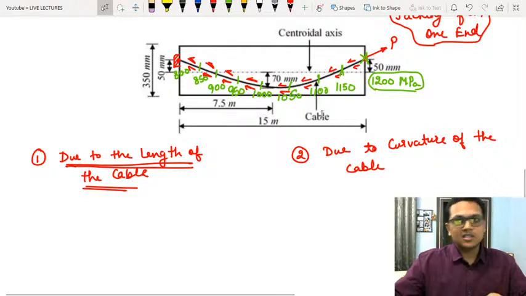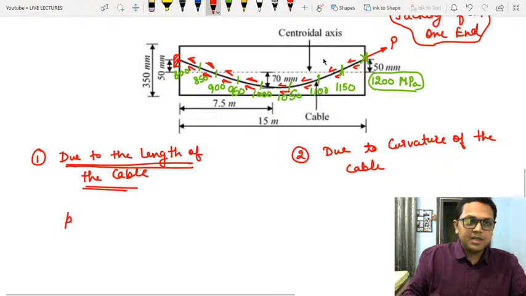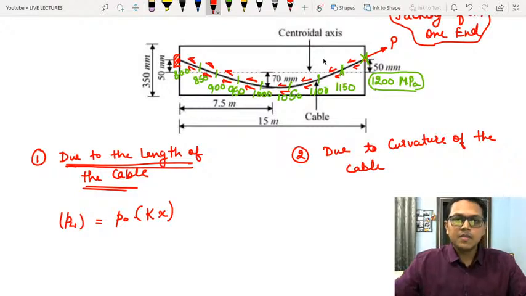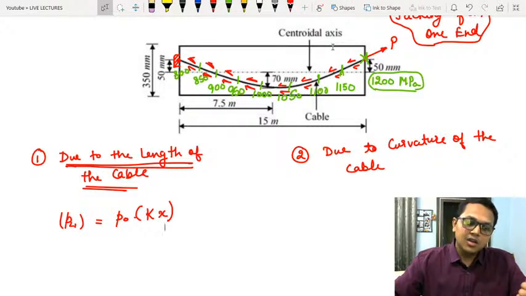is facing the resistance. So this loss, let us say PL1, is equal to P naught into Kx, where K is the coefficient of wave effect, and X is the length of the cable through which the resistance is taking place.